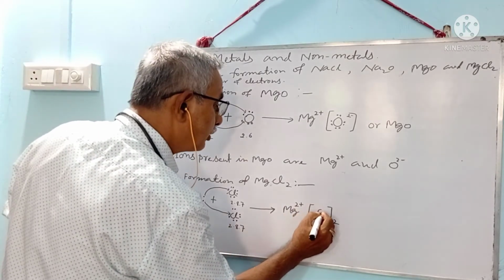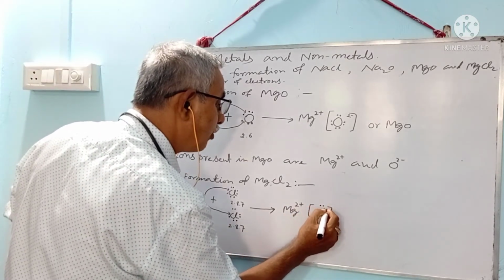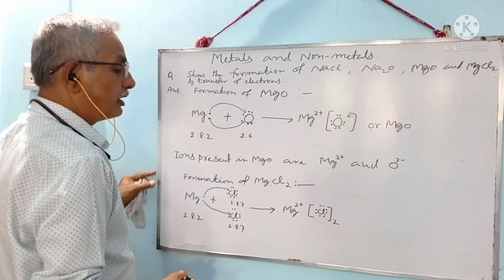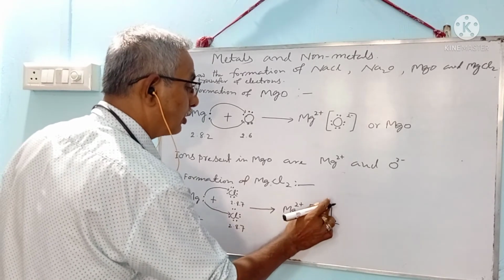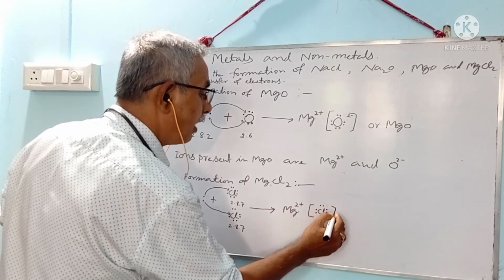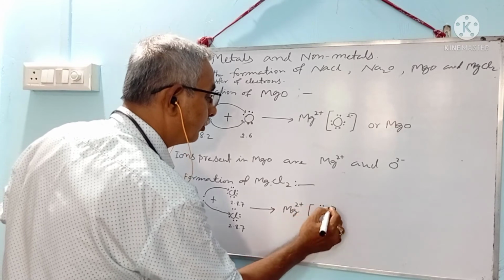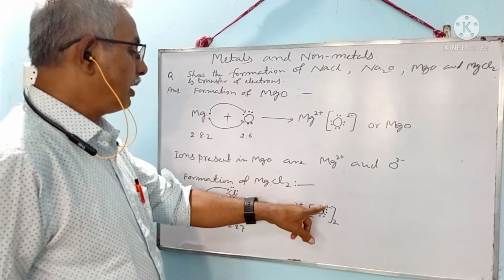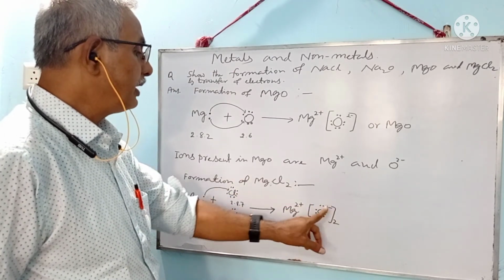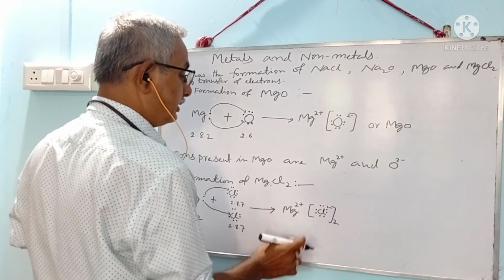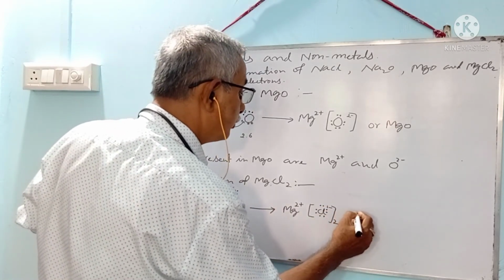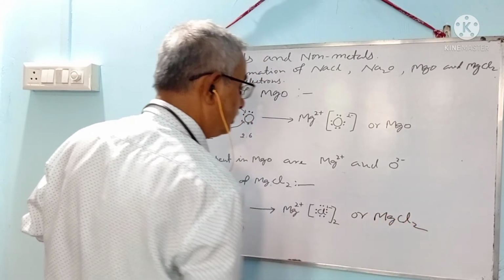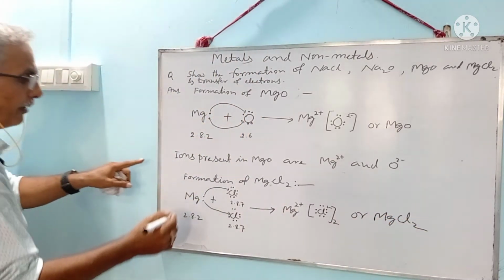So we are writing chlorine here, and around the chlorine we are putting 8 electron dots, and this is what? Negative. 1 negative. Now dear friends, 2 positive and 1 negative. So 2 into 1 negative means what? 1 negative. Now they will combine together to form what? Magnesium chloride.